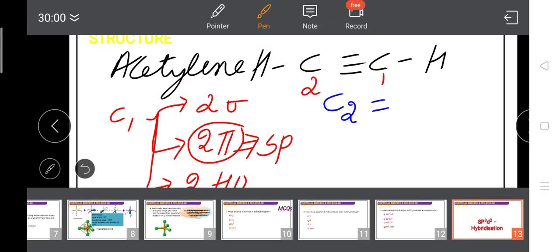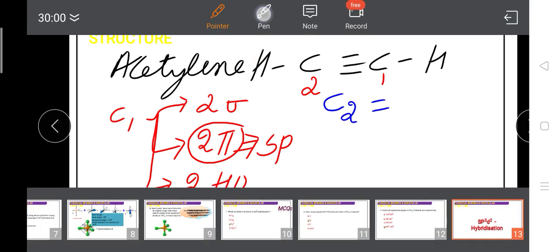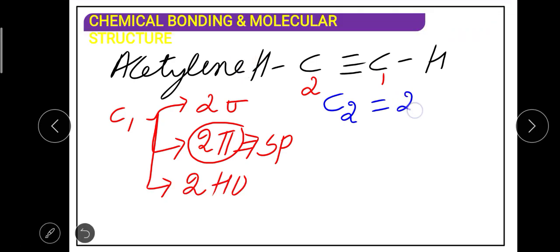When I come to C2, observe how many sigma bonds: one here, one here, in a similar fashion. Got it? So it gives 2 sigma bonds. Then how many pi bonds? 2 pi bonds. 2 pi bonds means, children, which hybridization? sp.